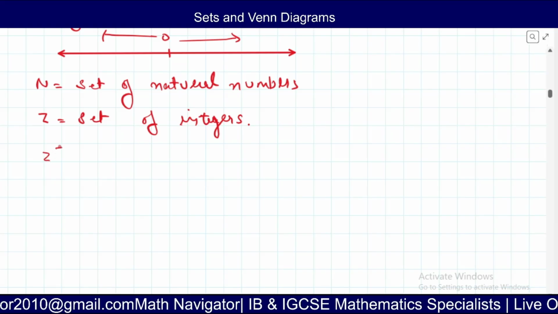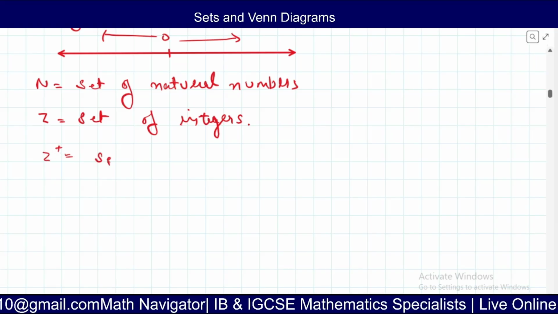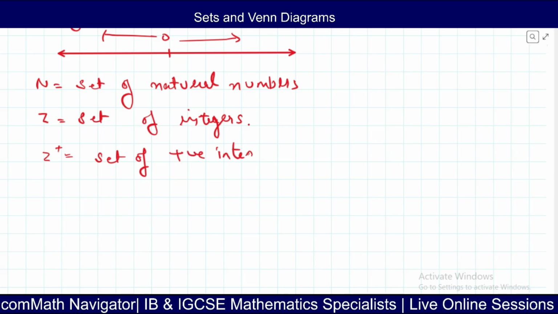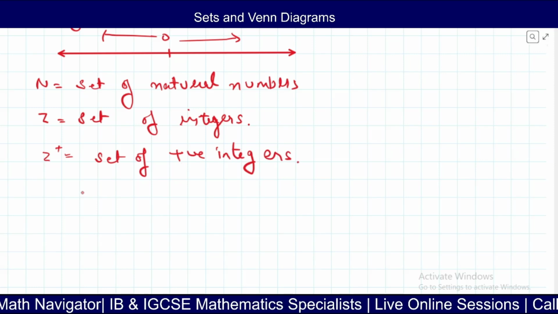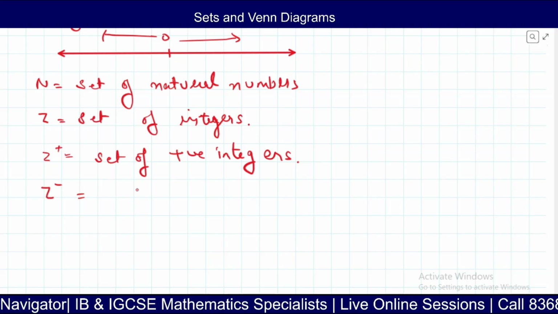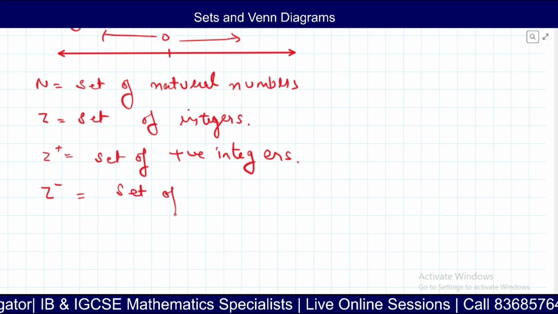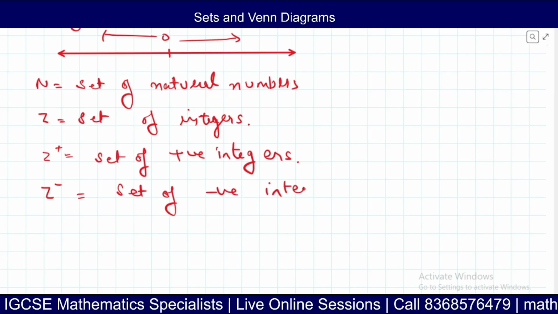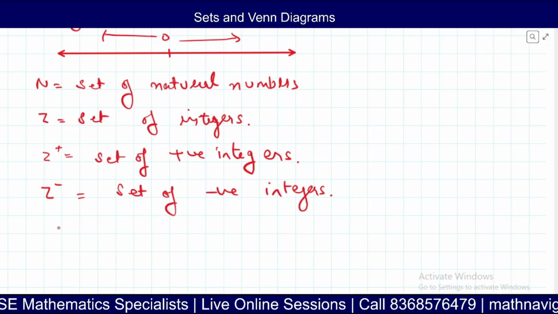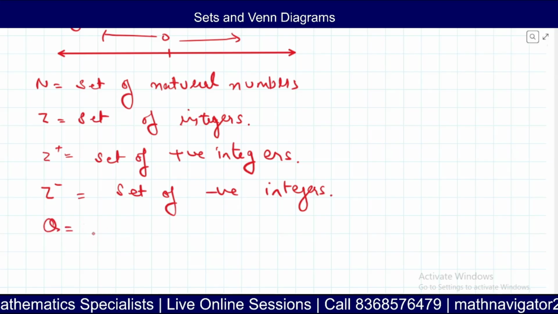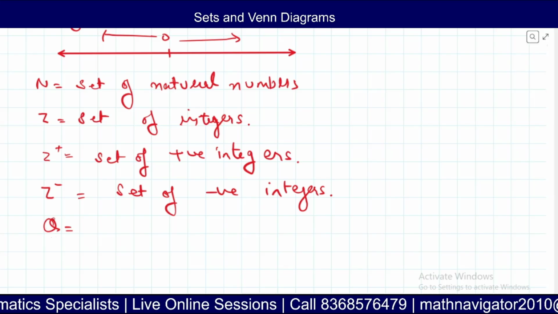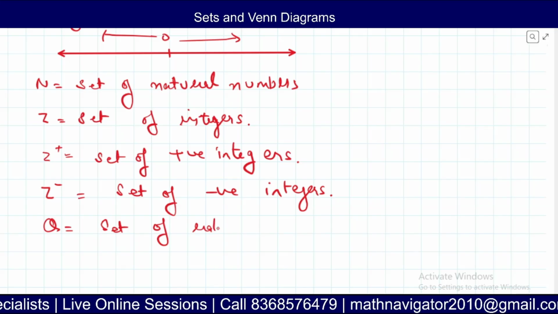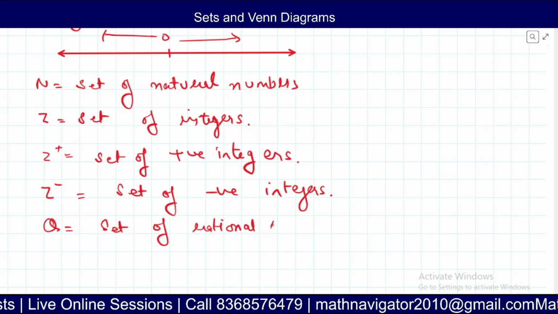Z plus is equal to the set of positive integers. Then Z minus is equal to the set of negative integers. Then Q is equal to the set of rational numbers.